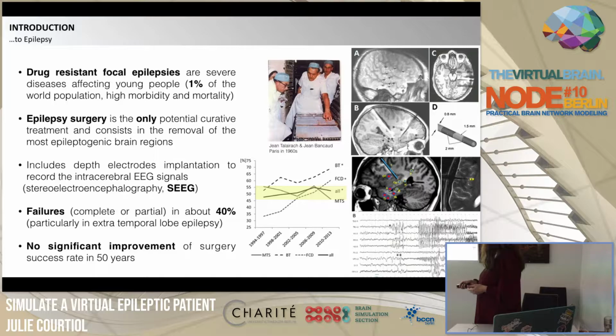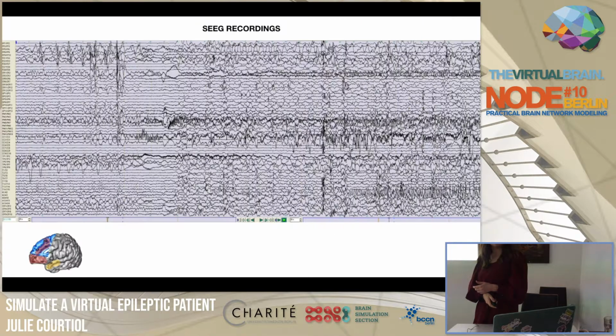So one of the problems, here you have the example of a SEEG recording of an exemplary patient. The seizures start here in the prefrontal lobe, and then propagate to the premotor area and the cingulate cortex, and the patient will start to have an altered behavior.